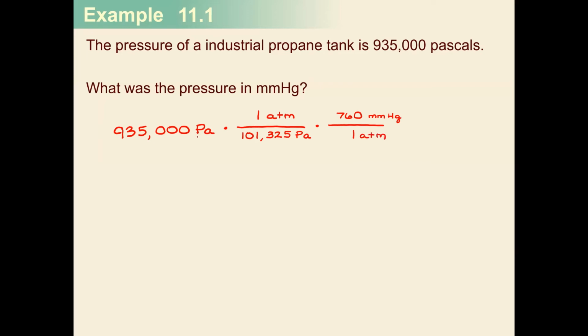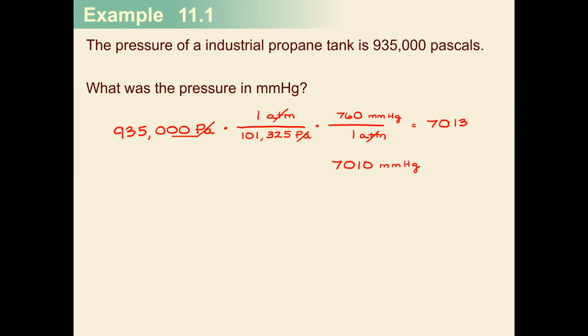And you will now see that my pascals cancel, my atmospheres cancel, and I'm left with millimeters of mercury, which is what I want. And I will get a value of 7,013. So with correct sig figs, I should say that I get 7,010 millimeters of mercury.